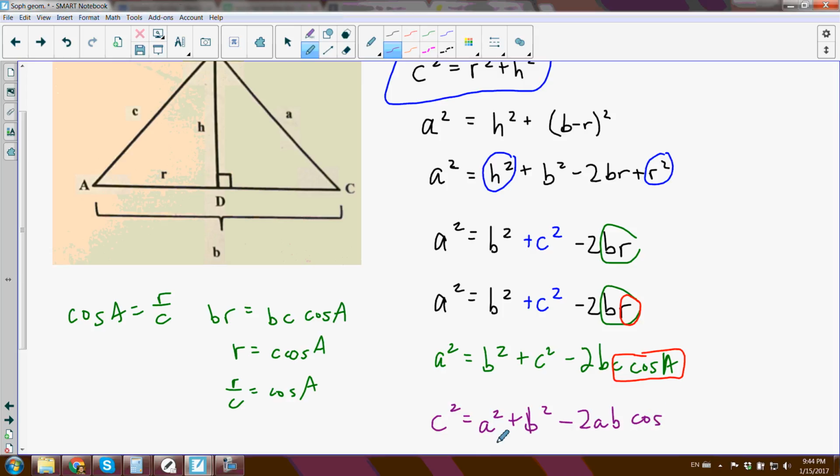The angle that is between these two sides, cosine of angle C. So the two side lengths on the right side of the formula are the S and the S of the SAS. And the angle on the right side of the formula is the angle between those two sides. Hope you followed that.